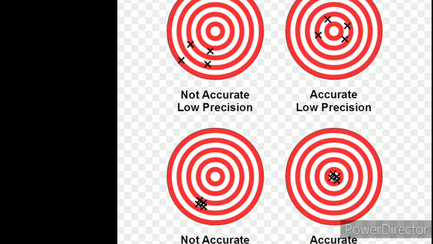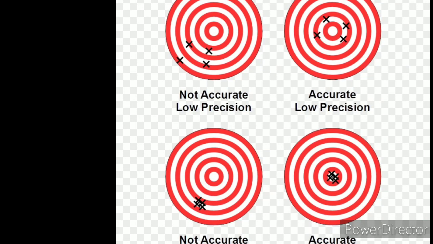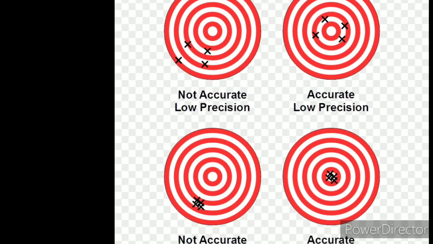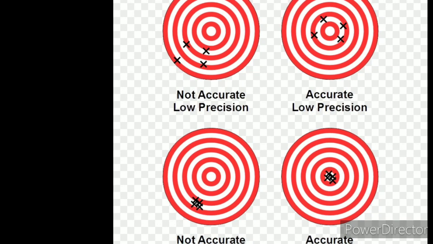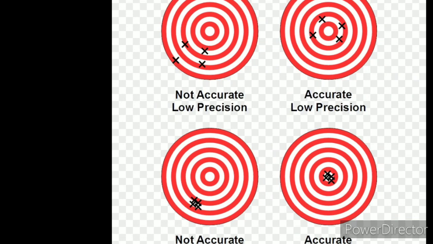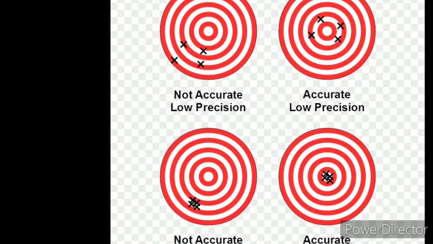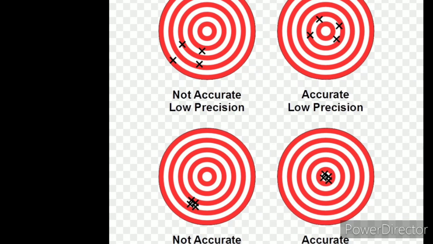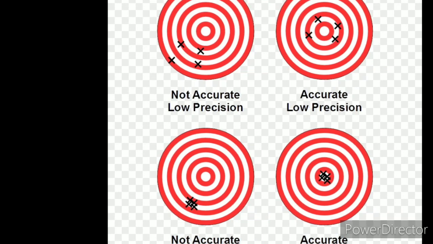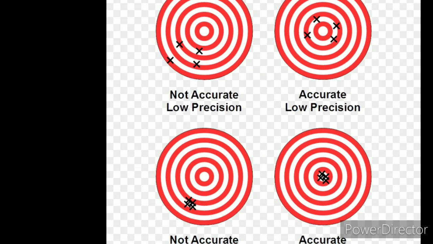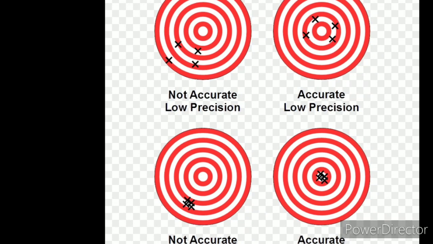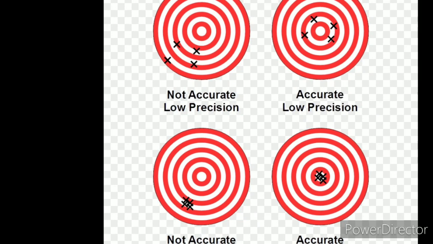Now let us define accuracy and precision. Accuracy is a measure of the difference between the experimental value or the mean value of a set of measurements and the true value.